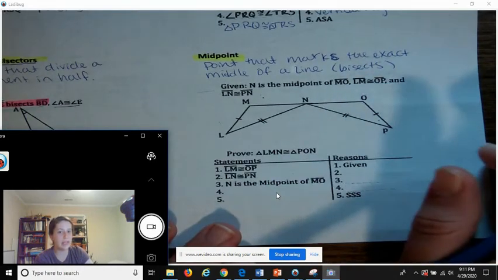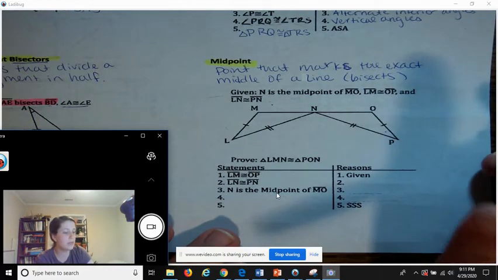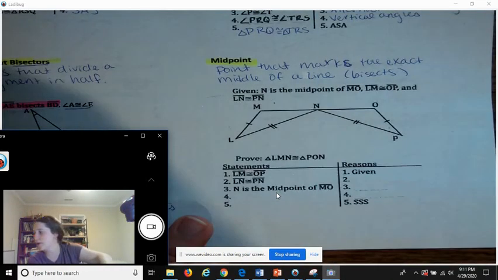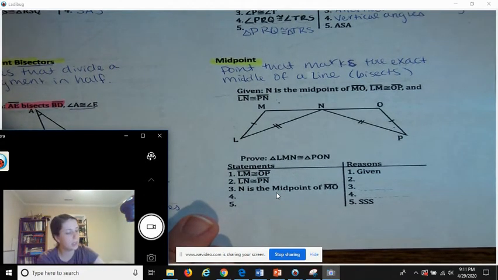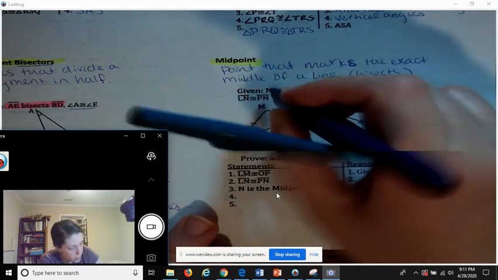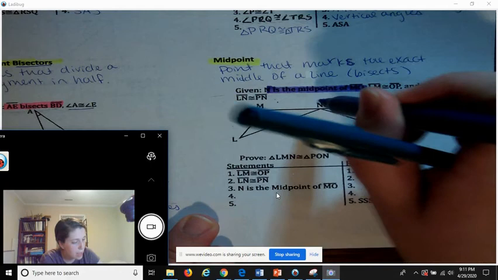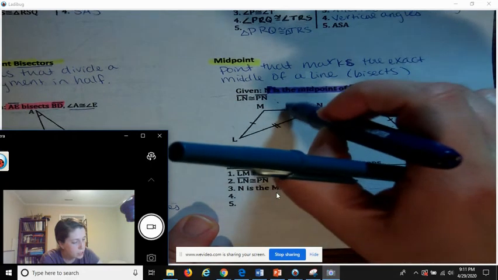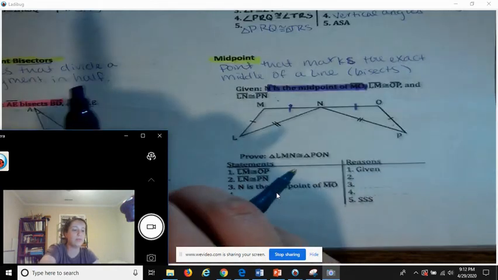Then the very last one that I'm going to do with you guys, the first thing we're given is that N is the midpoint of MO. So let's go ahead. I'm trying to use all my highlighters today. N is the midpoint of MO. Okay, so this means that this section and this section are congruent. Okay, those two things are equal.